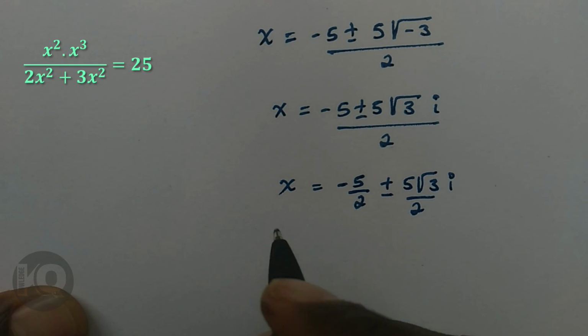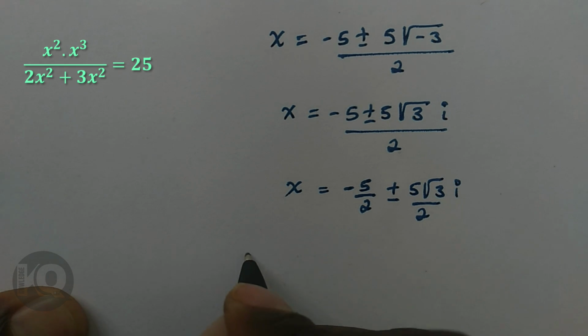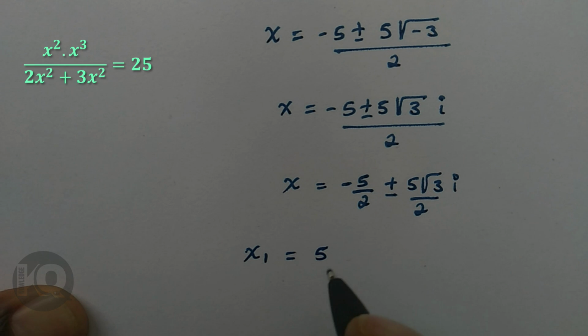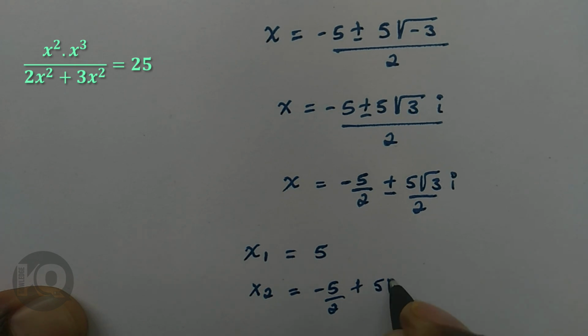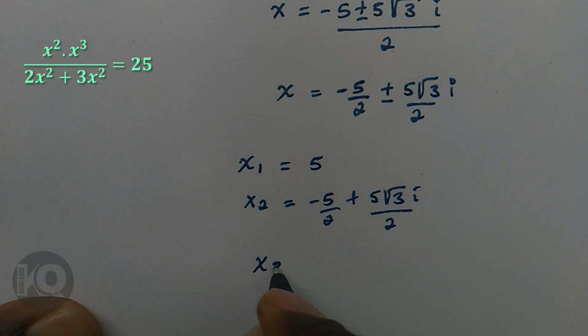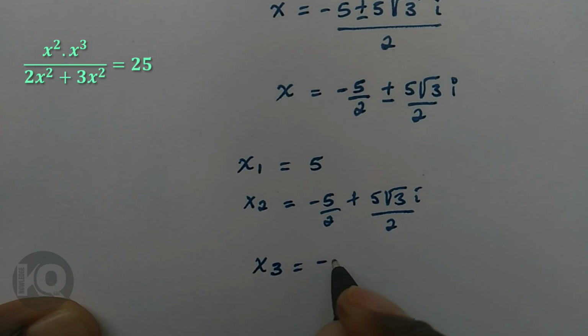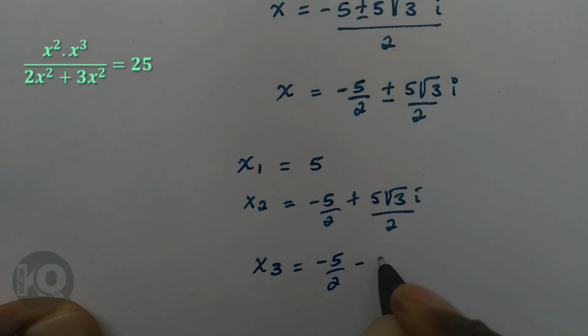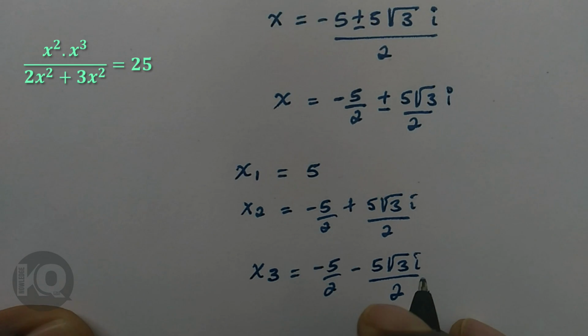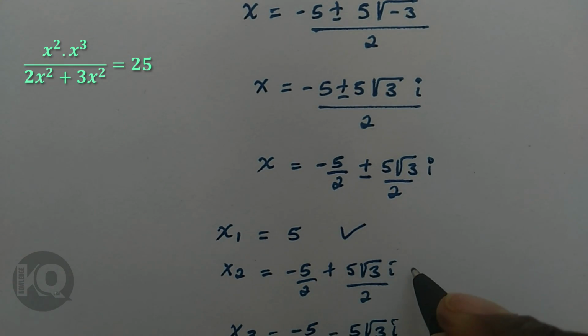So our final solutions for x: x1 is equal to 5, which is a real solution, and x2 is equal to minus 5 over 2 plus 5 square root of 3 i divided by 2, which is a complex solution, and the final solution is minus 5 over 2 minus 5 square root of 3 i divided by 2, which is also a complex solution.